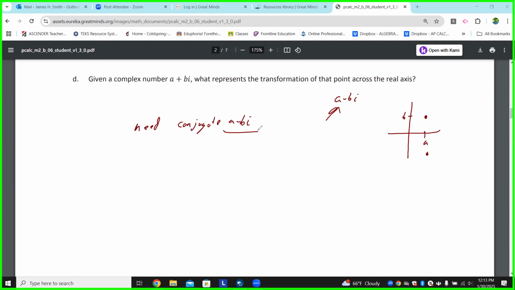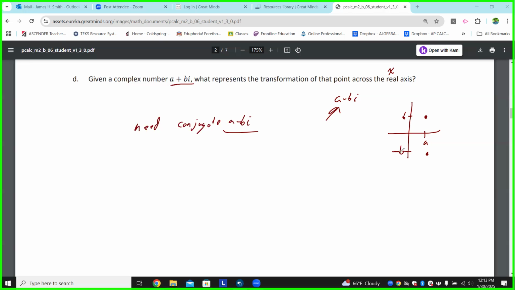Okay, so this basically says take a complex number A plus BI. I don't know what A and B are. They look both positive, so I just randomly put a point there. And if I want it to reflect across the real axis, remember the real axis is the x-axis. So the x-axis, I need to come over here. To do that, I need a negative, not negative A, negative B. The A would still be the same value.